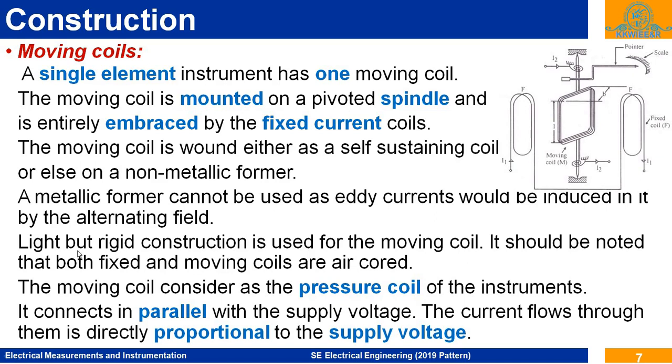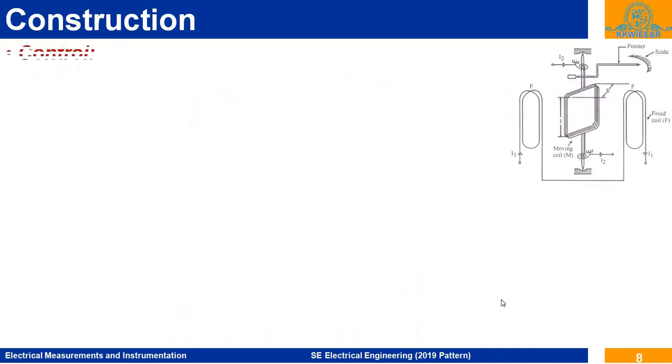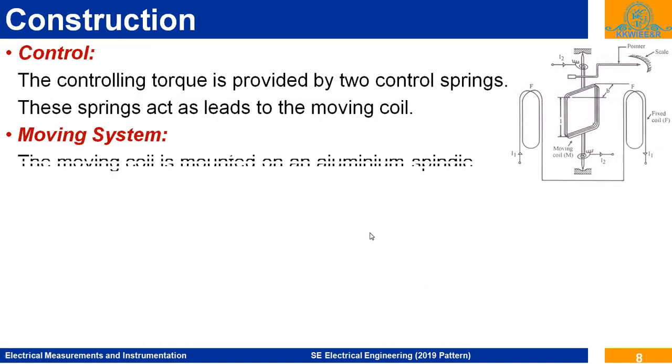Light but rigid construction is used for the moving coil. It should be noted that both fixed and moving coils are air cooled. The moving coil is considered the pressure coil of the instrument. It connects in parallel with the supply voltage. The current flowing through it is directly proportional to the supply voltage. So this is about the moving coil.